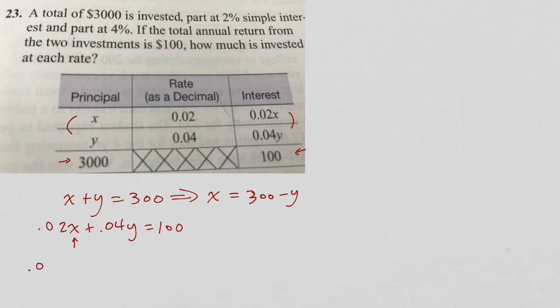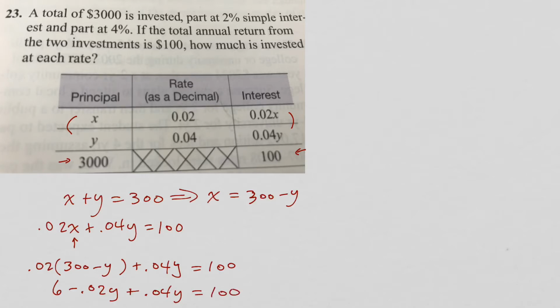So 0.02x, which we now know is 300 minus y, plus 0.04y is equal to 100. So 2 times 3 is 6, minus 0.02y plus 0.04y is equal to 100.